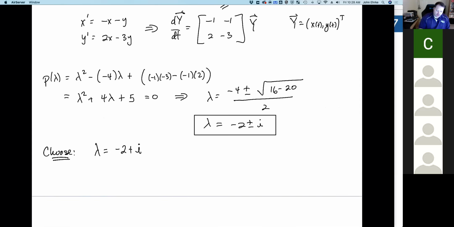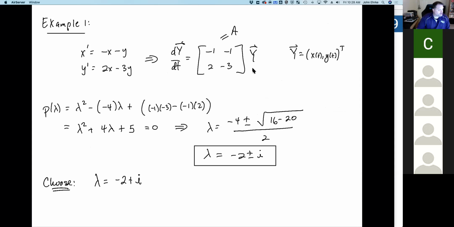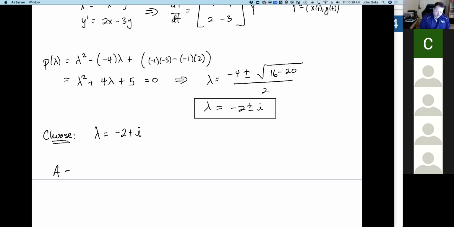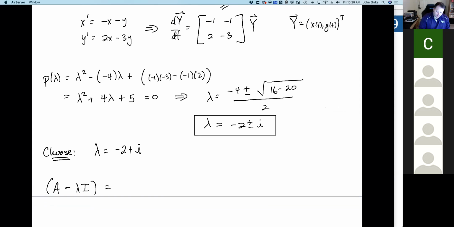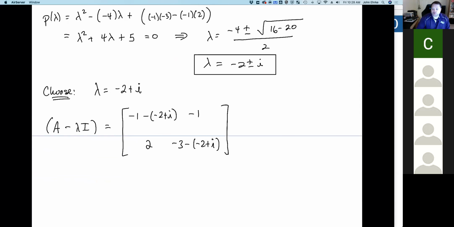I'm then going to subtract it from the coefficient matrix main diagonal, just like we've done previously. So I'm going to look at A minus lambda I. That's the matrix. -1 minus (-2 plus i), -1, 2, and -3 minus (-2 plus i). So far, none of these steps are different than what we've done previously for real eigenvalue problems, with the exception that I don't need both eigenvalues.